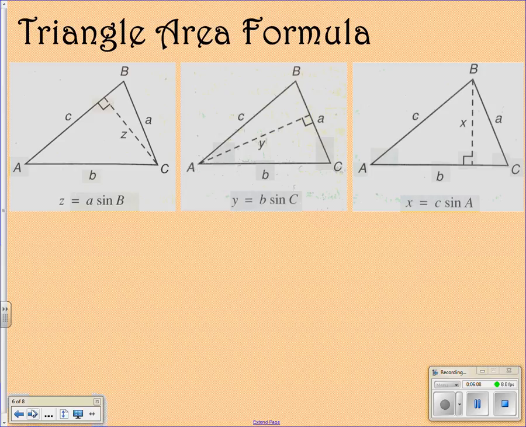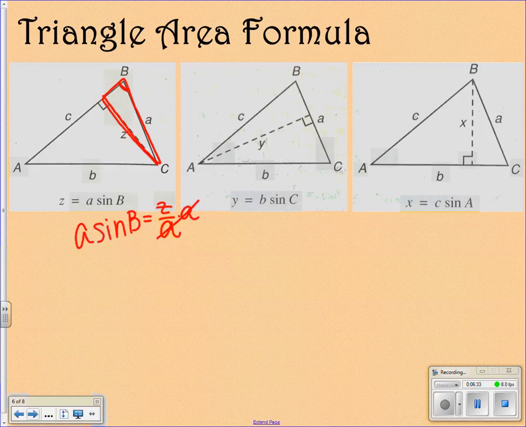So if you look here, Z is A times the sine of B. We're going to look at this triangle right here. If we use this angle here, the sine of B would be Z over A. And so you can multiply by A to get this right here.